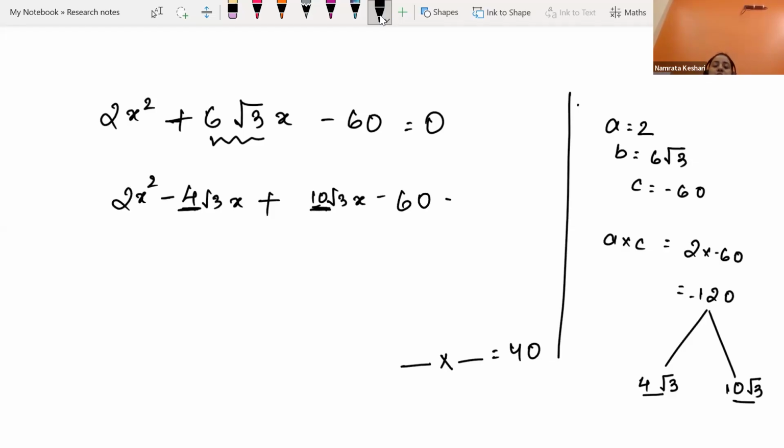And we are done. Now taking the common factor is also very important and that is also tricky, but that step you already understand.